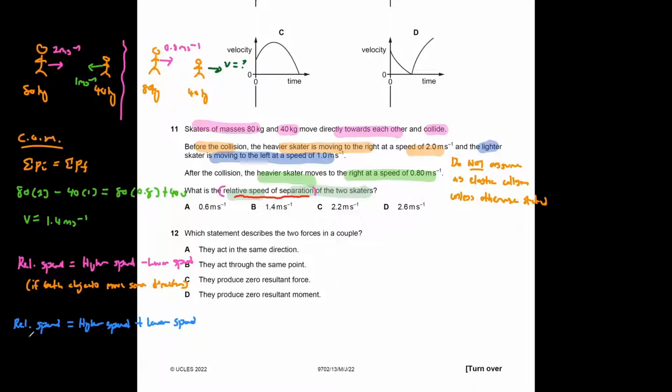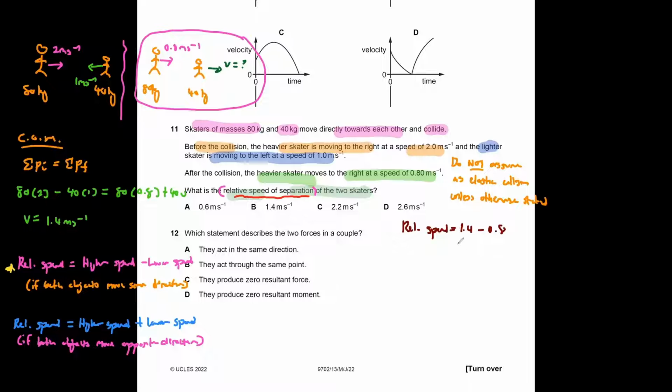In your case here, both skaters move in the same direction, so you will be using the first equation. Just take the higher speed minus the lower speed: 1.4 minus 0.8, giving you 0.6 meters per second. So your answer here should have been A.